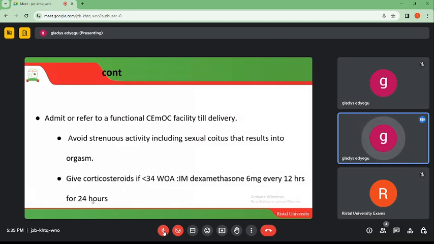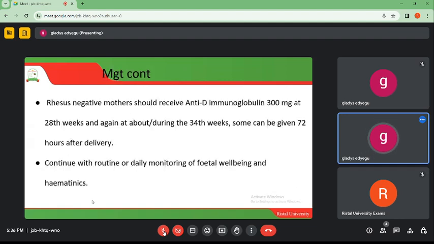So 12 hours for 1 day. And we have to make sure that we really give these doses because it helps the lungs. It helps these babies that when they deliver them below 34 weeks, they can easily survive. They're able to support their breathing because of the action of dexamethasone onto the lungs.